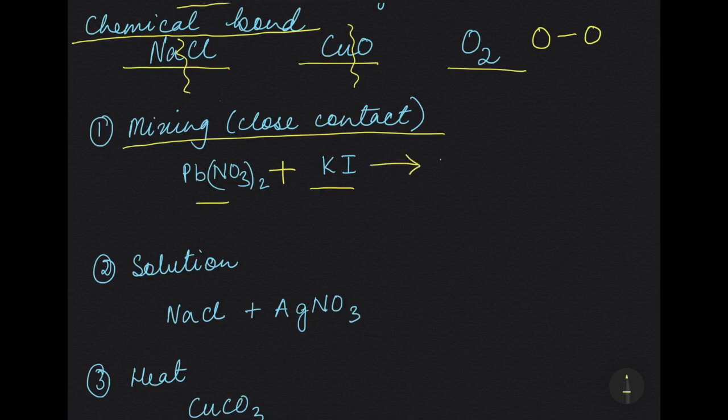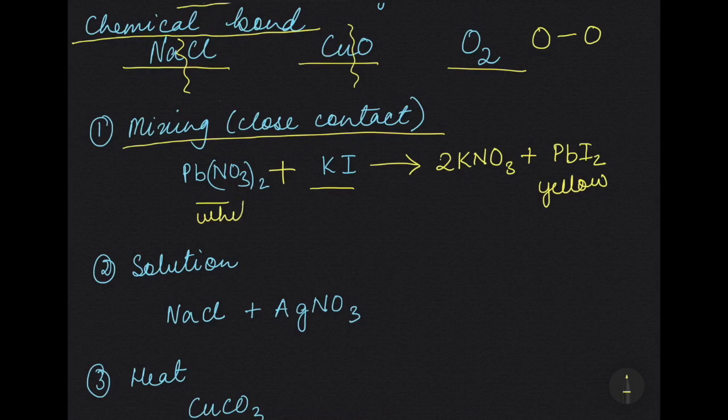Okay? And potassium nitrate and lead iodide will be formed. The color of lead iodide is yellow. Okay, whereas the color of lead nitrate is white and potassium iodide is also white.